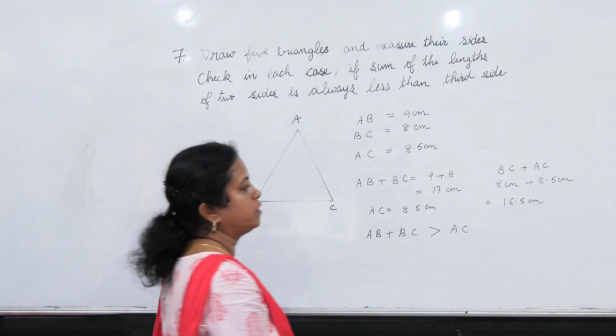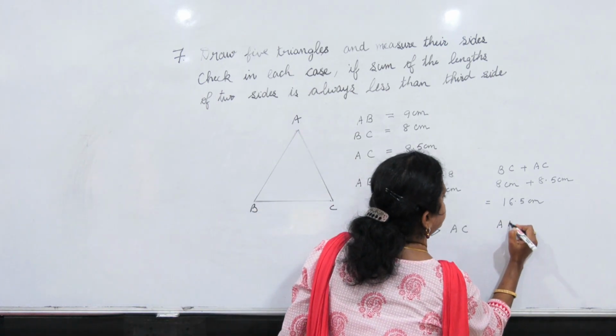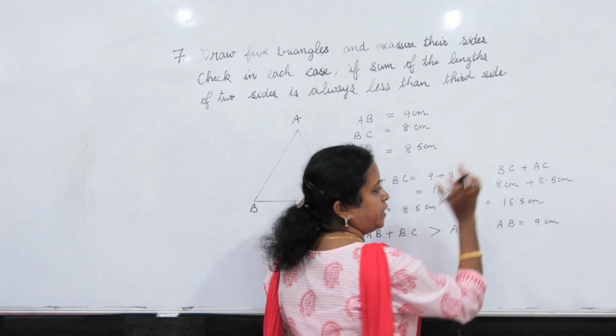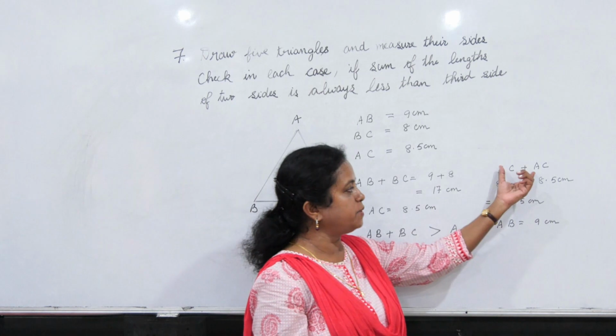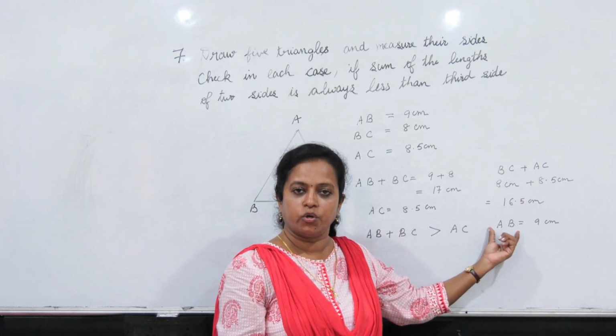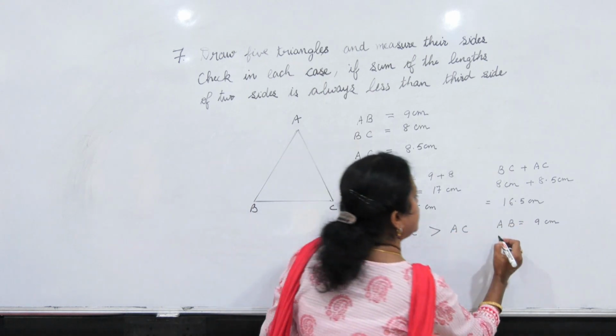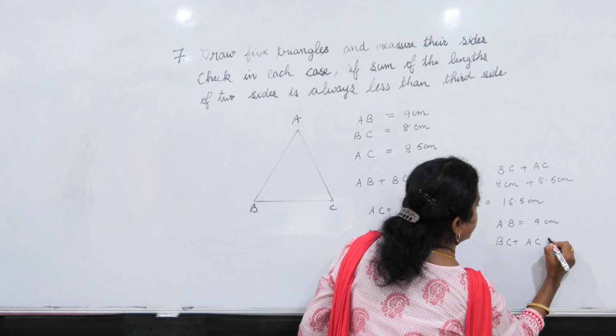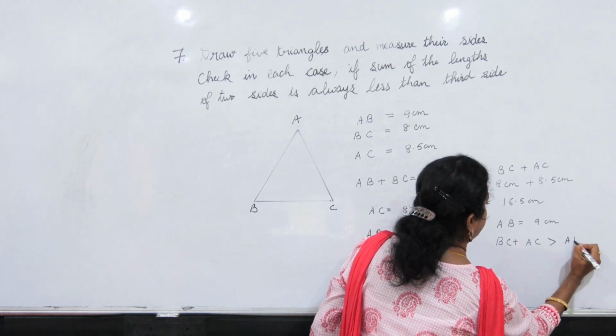It is AB. Now how much is AB? AB is 9 centimeter. Now when you compare the lengths of these 2 sides, BC and AC, and the third side, AB, what do you observe? You will find BC plus AC is greater than AB.